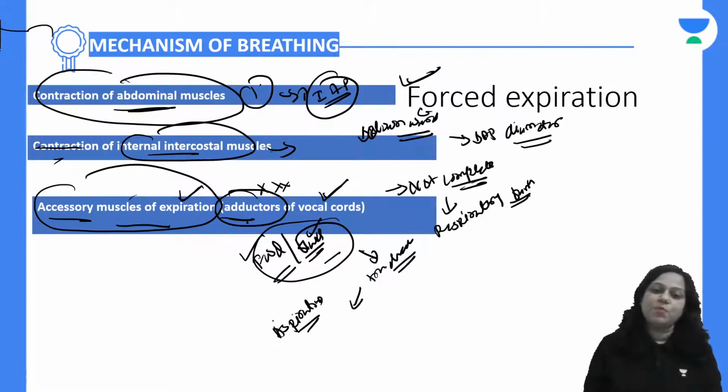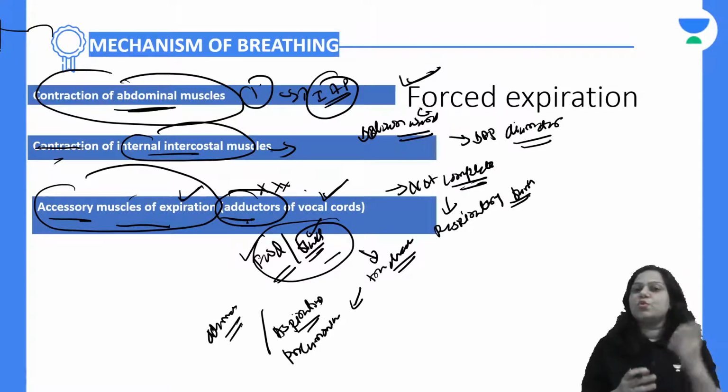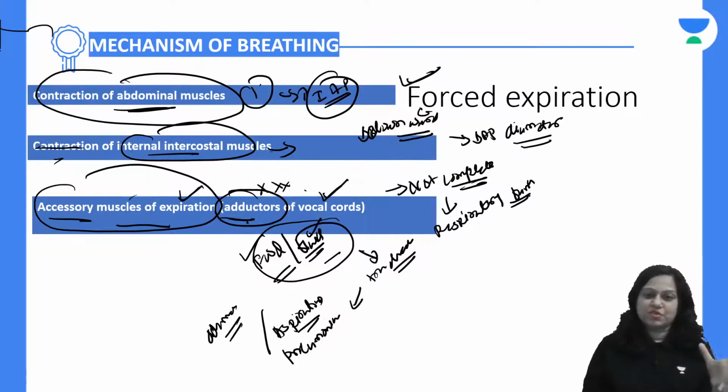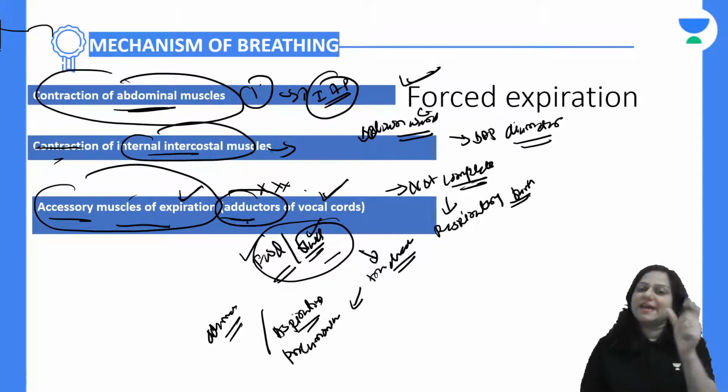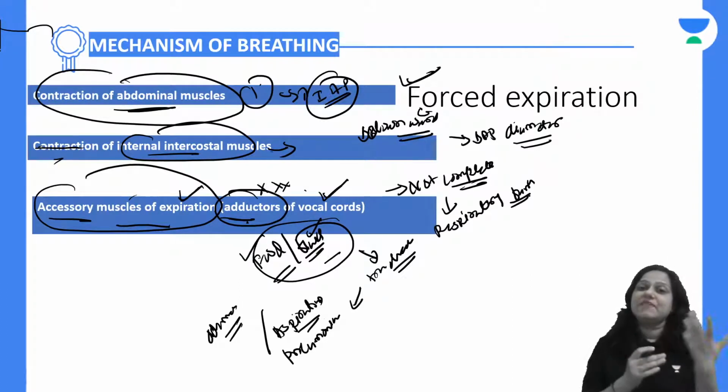This is very, very important. It can cause aspiration pneumonia, or you can say pulmonary edema. When will it occur? When the adductors of the vocal cord, at the beginning of the expiration only, start getting contracted, right? They have a protective function.